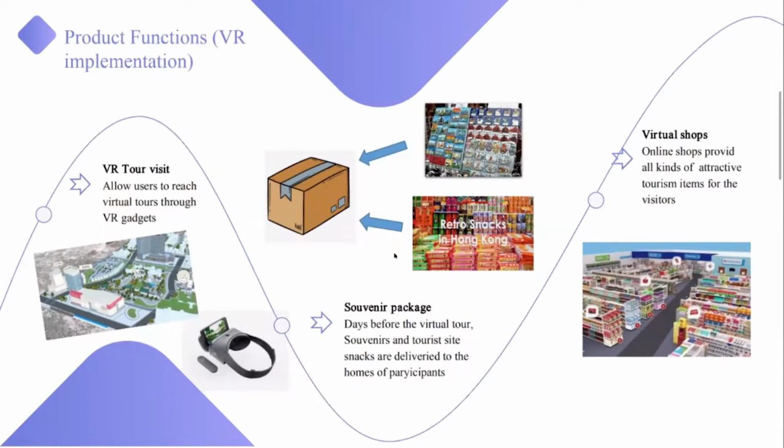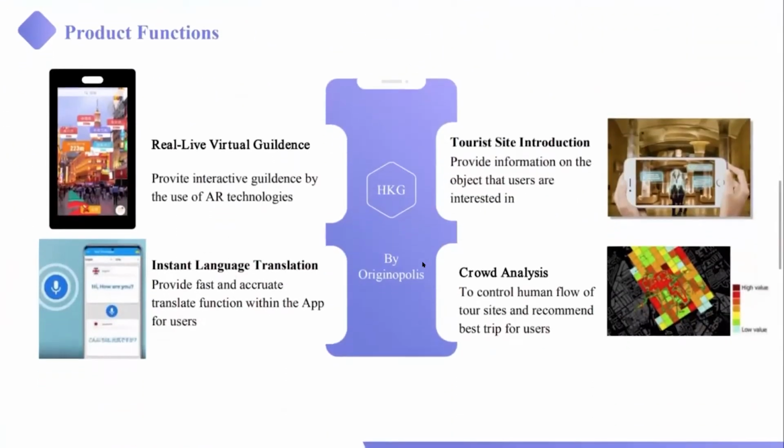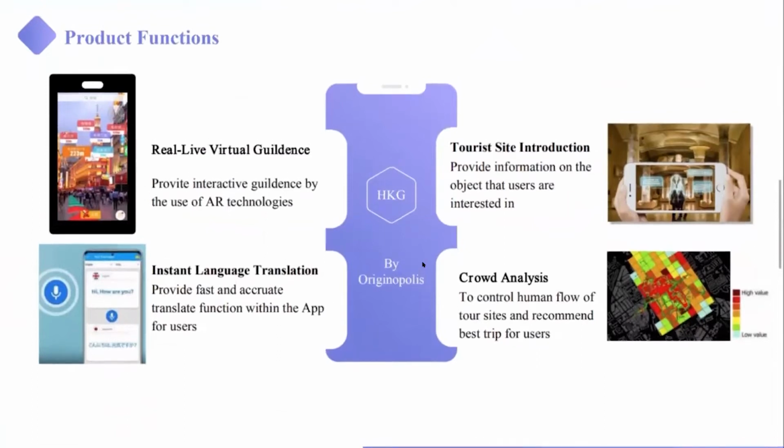We would provide a souvenir package days before the trip starts, so that a little more surprise would be added. Furthermore, a virtual shop will also be available, where users can grasp virtual 3D objects and decide whether to buy or not. Apart from that, when we use Hong Kong Go in offline daily life, it features the following 4 points.